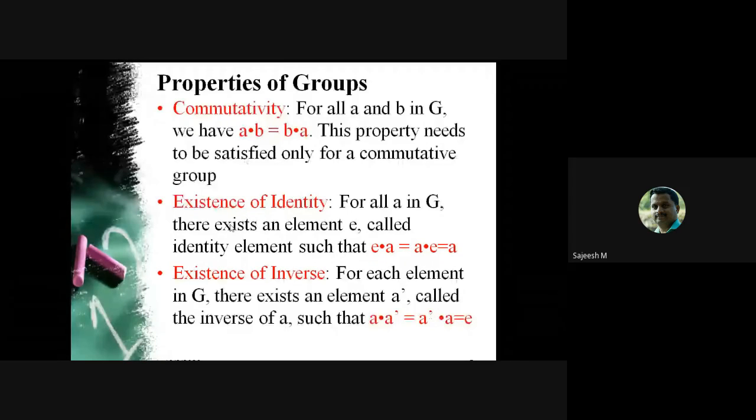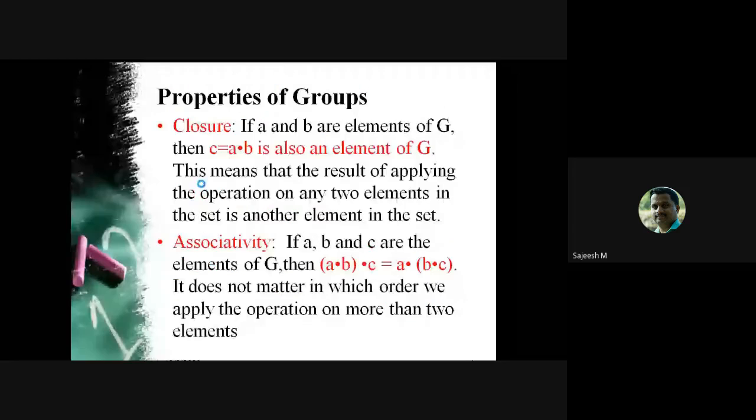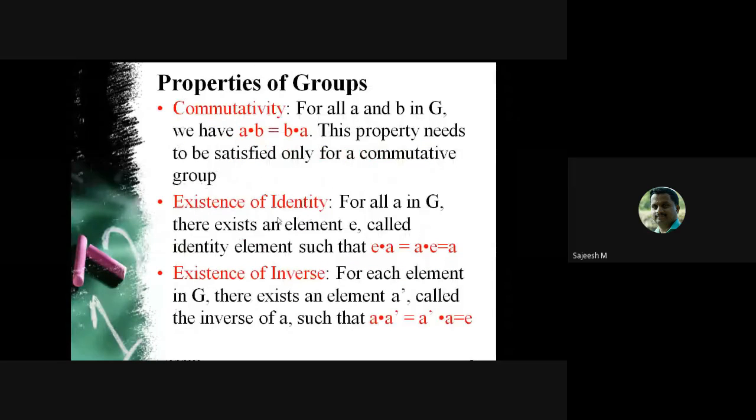If a set of elements and an operation satisfy these four properties, that is closure, associativity, existence of identity, and existence of inverse, then we say it is a group.